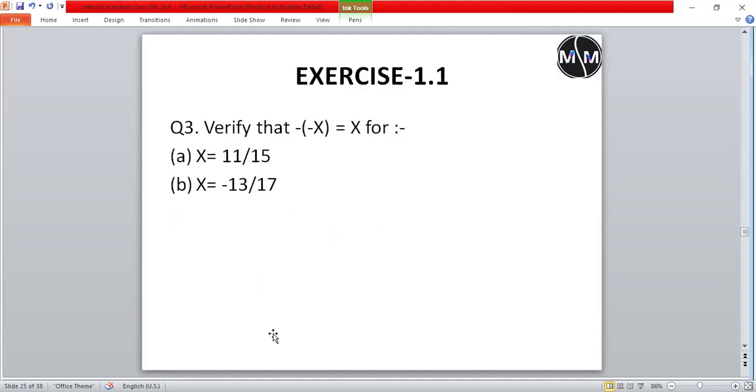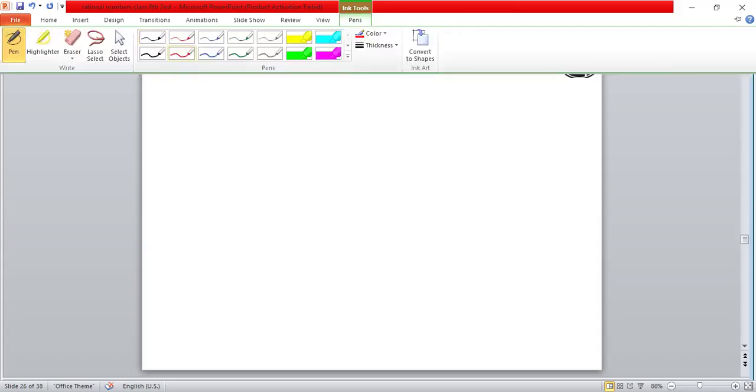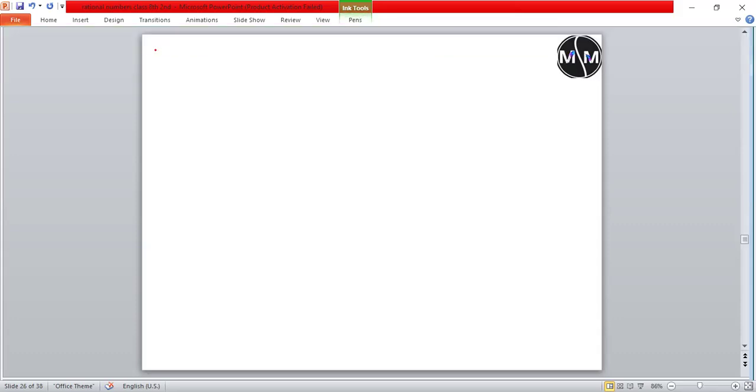Verify that minus of minus x is equal to x. For the first one, x is equal to 11 by 15. We have to prove that minus of minus x is equal to x.